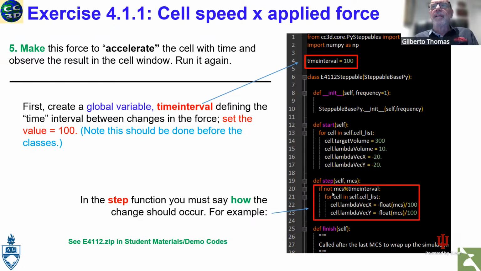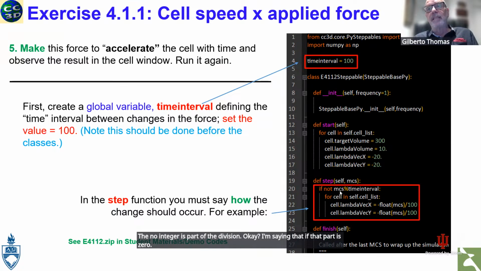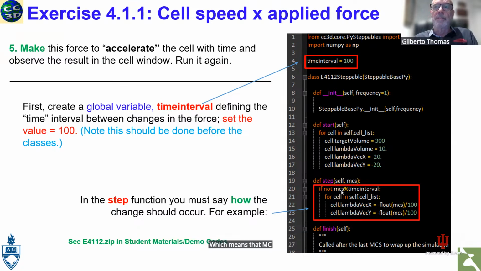Okay? I'm saying that if that part is zero, which means that the MCS is an integer multiple of time interval, then you execute the change.